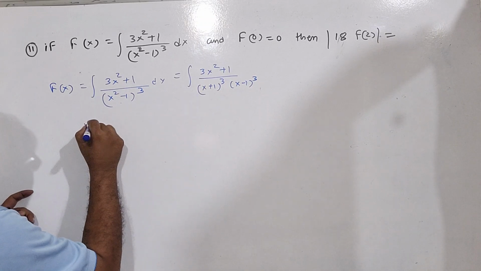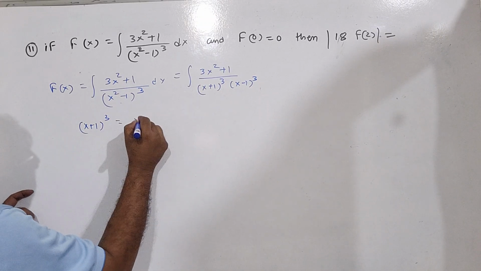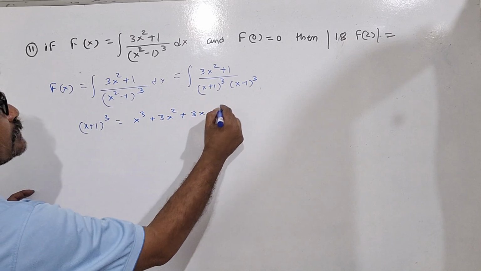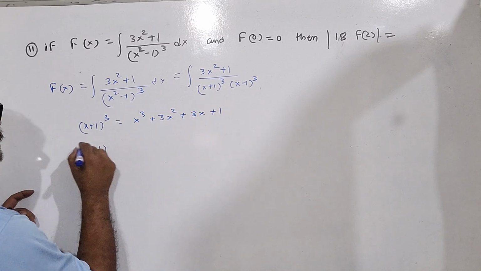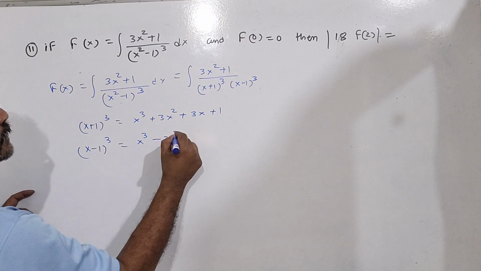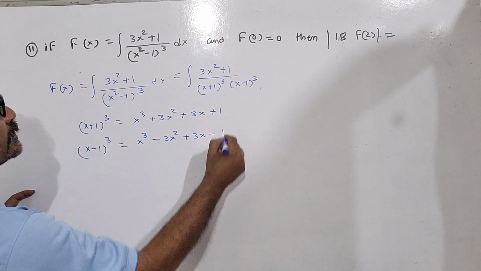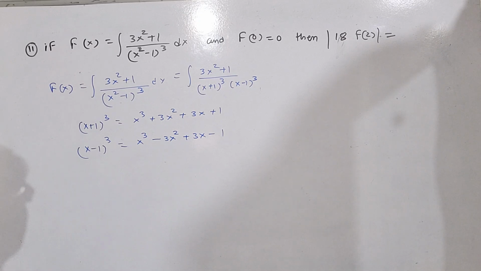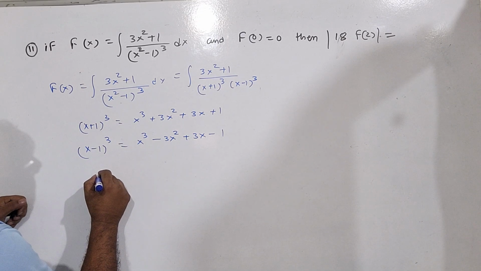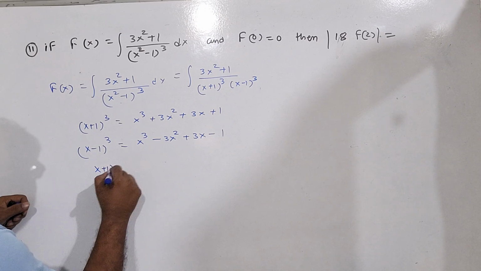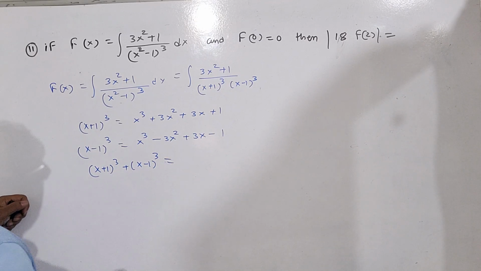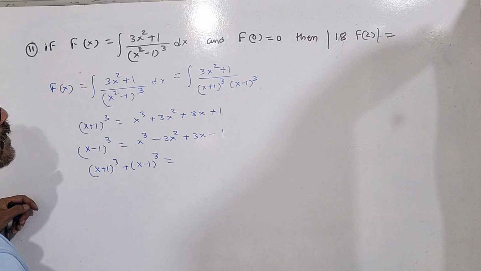What is that? (x + 1)³ is x³ + 3x² + 3x + 1, and (x − 1)³ is x³ − 3x² + 3x − 1. And when we combine these two, what will I get? Will we add or subtract?